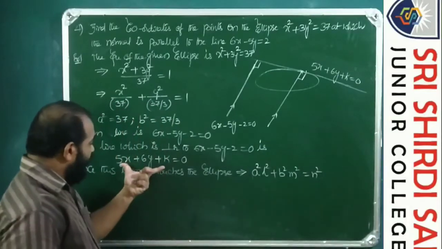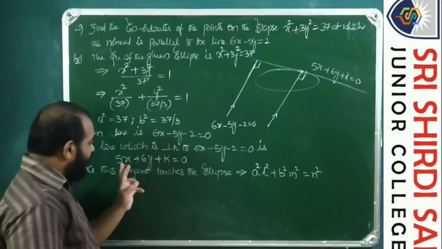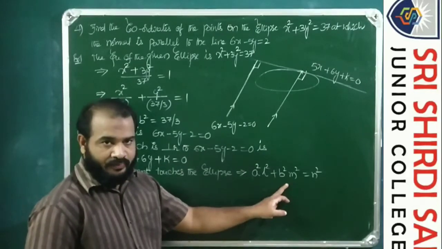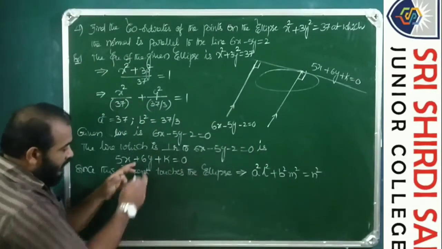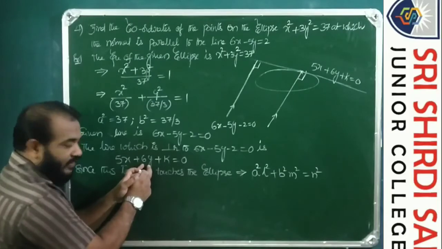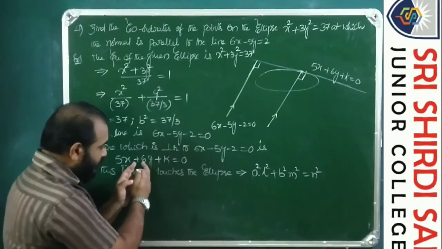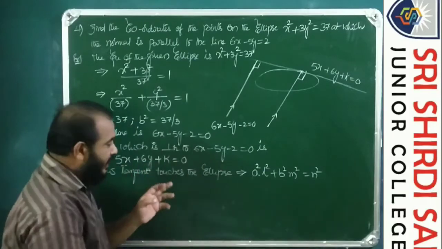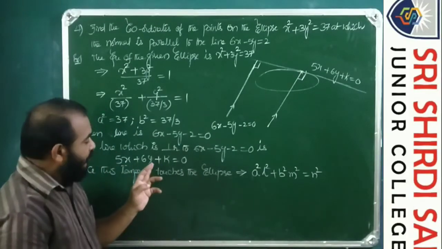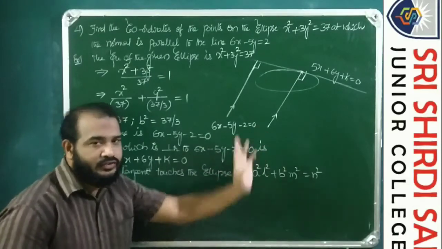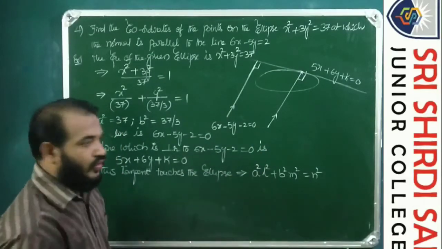So if you leave this as it is, it has become lx plus my plus n equals to 0, and the condition used is this. Otherwise, this can be written as 6y equals to minus 5x minus k, and dividing by 6 we get y equals to mx plus c, then the condition used is c square equals to a square m square plus b square. That is your choice.